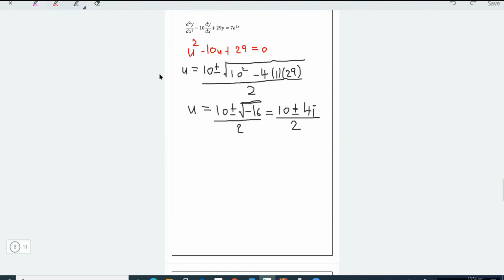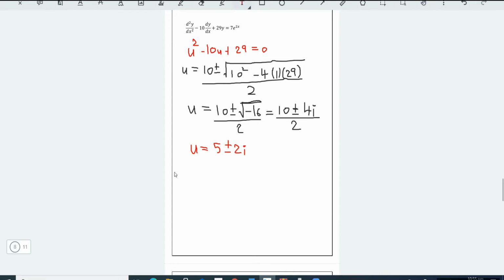And so u is equal to 10 over 2, which is 5, plus or minus 4 over 2, that's just 2i. Now that allows us to write down the complementary solution.